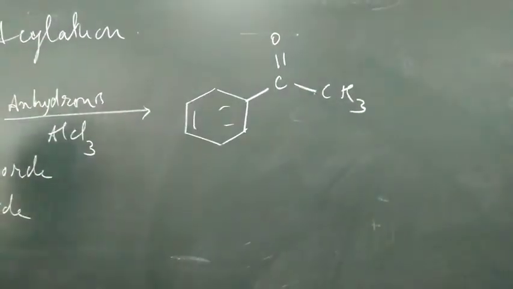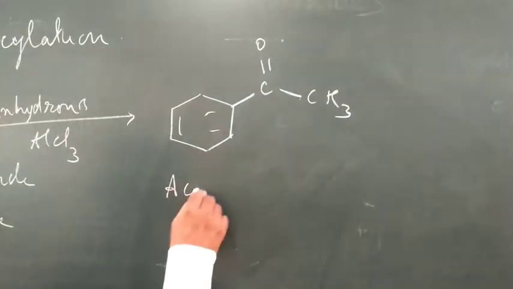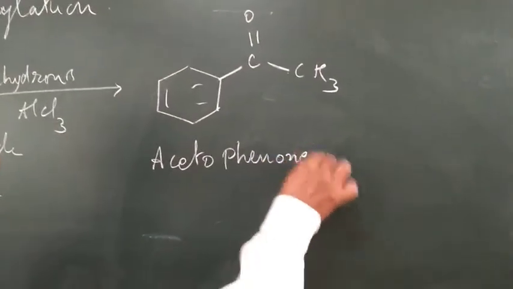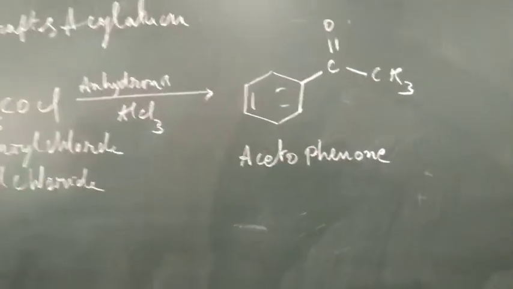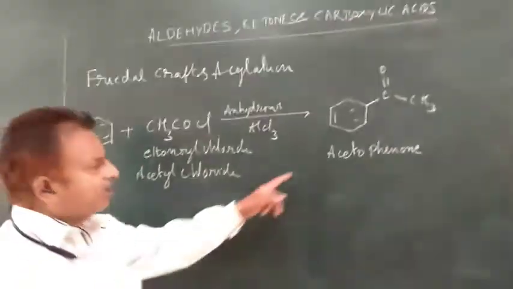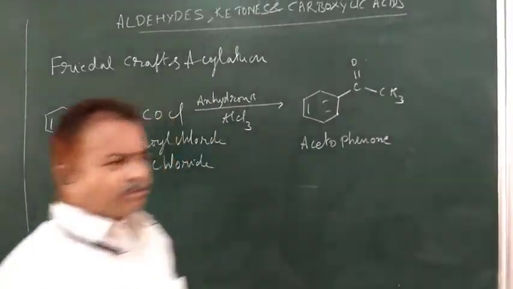So the acyl group is introduced in the benzene ring. Therefore the name of this substance is acetophenone. This reaction is known as the Friedel-Crafts reaction, and of course in this reaction a ketone is prepared. C double bond O is ketone.